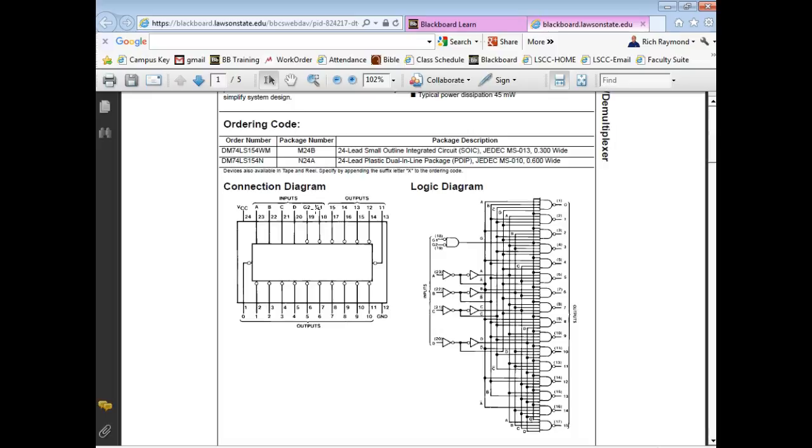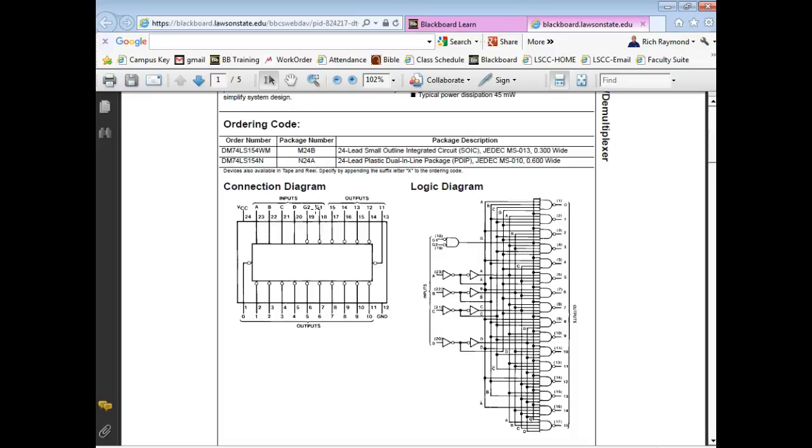What question do you want to ask me? This would have worked a lot better with the 74138, because the 74138 is a 3 to 8, right?